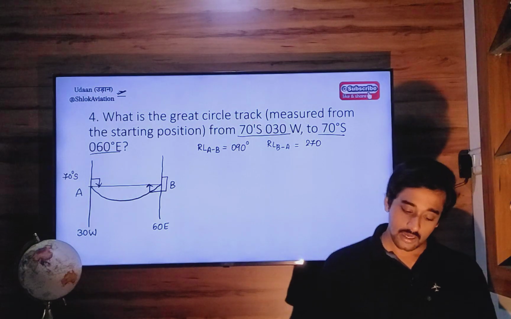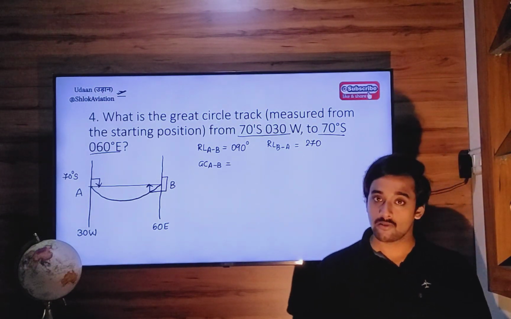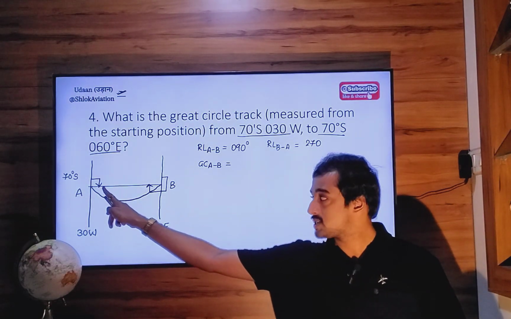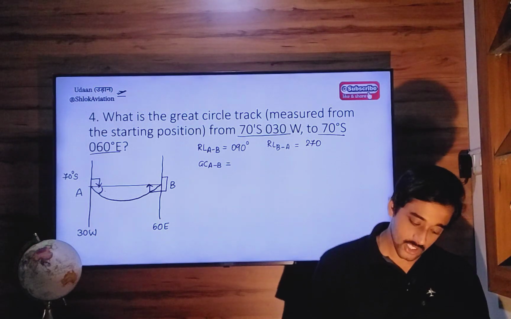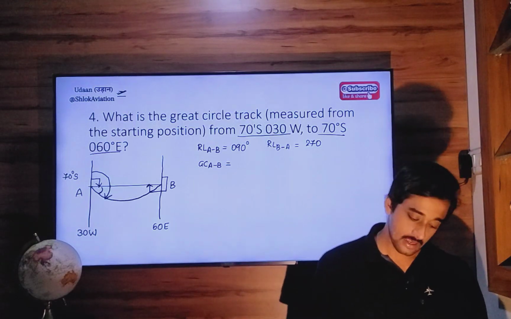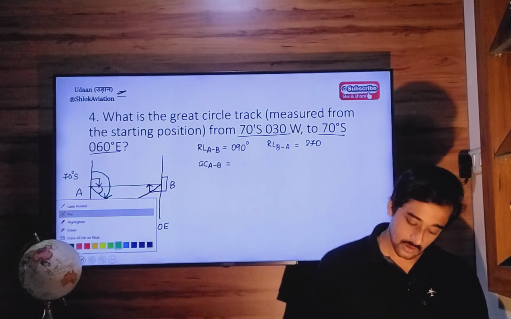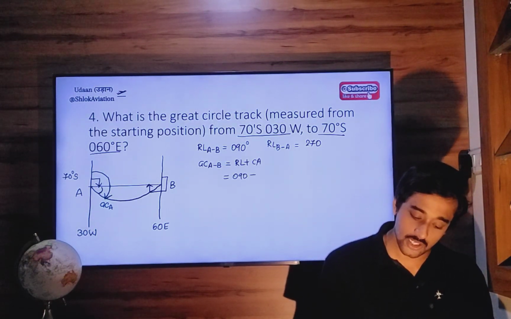Okay. Now great circle track A to B will be equal to this line track 0 plus this conversion angle. So great circle A to B will be line plus this conversion angle. Correct? So that will be 0 plus conversion angle.